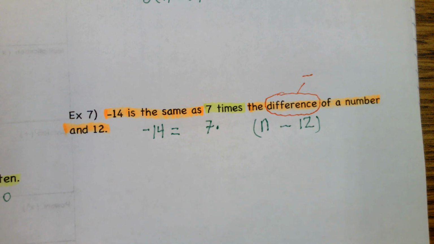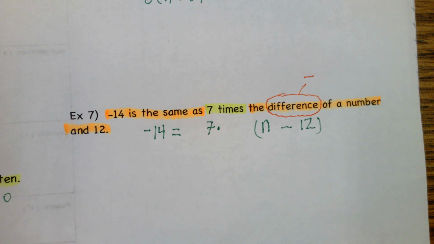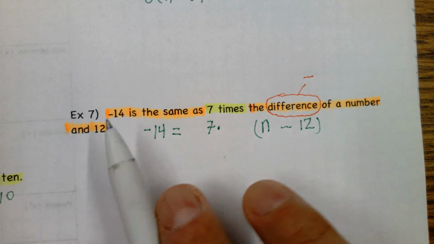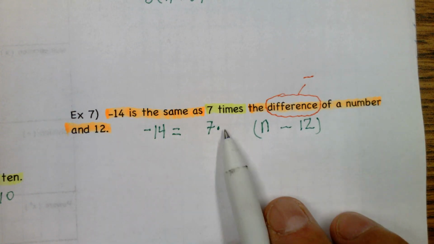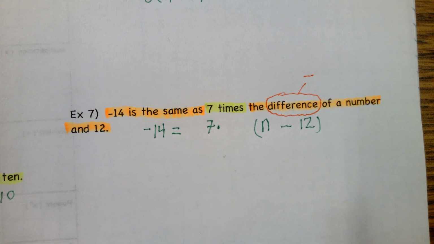Okay, so you might see 12 times the sum of a number and 8. 12 parentheses x plus 8. 6 times the difference of a number and 5. 6 parentheses x minus 5. Okay, so let's write down what we have.